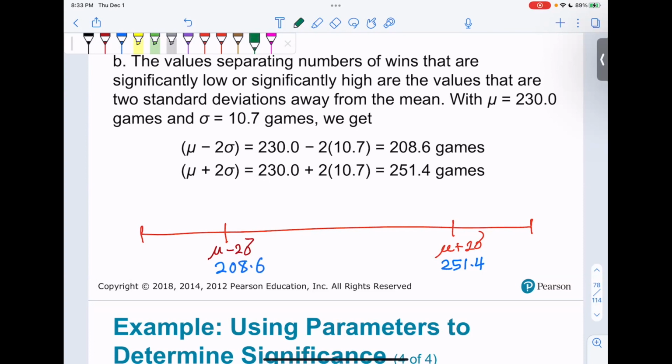So any value above 251.4 will be significantly high, and any value below 208.6 will be significantly low.